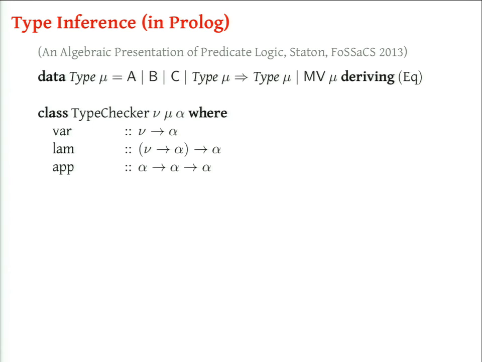So I'm going to extend the type language now with metavariables over some type mu. So this is going to do a kind of Hindley-Milner style type inference. And again, we have var, lam, and app. Notice now that the lam doesn't have any type annotation as before. And we can add two new operations that create a new metavariable and unify two metavariables.